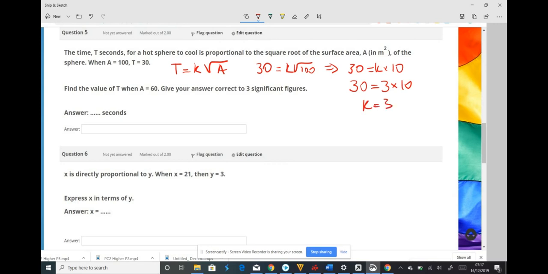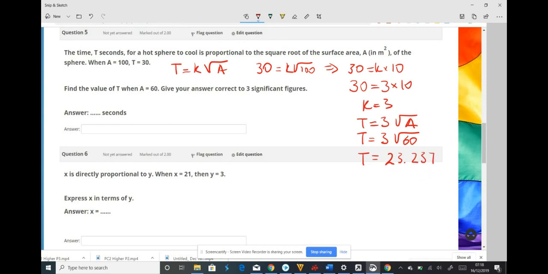So I can rewrite the formula as t is equal to 3 times square root of A. Now we need to find the value of t when A is equal to 60. So t is equal to 3 the square root of 60, and what we get is 23.237, and so on.